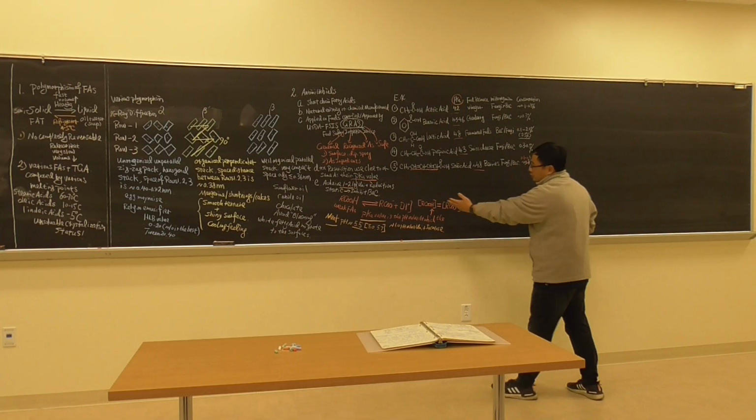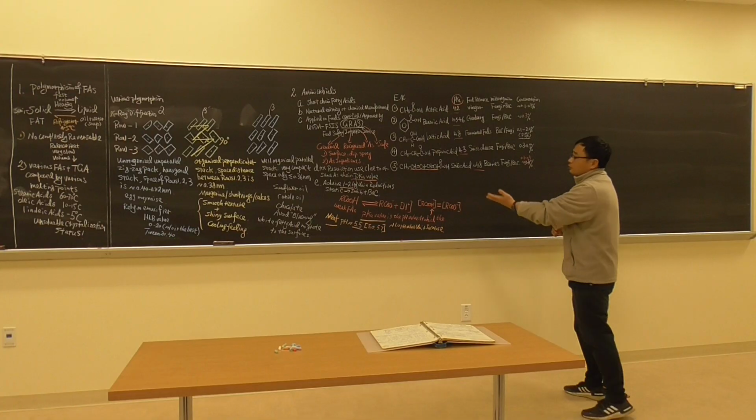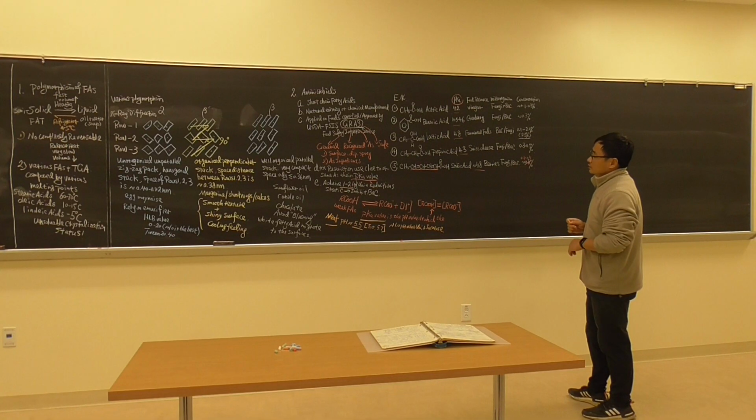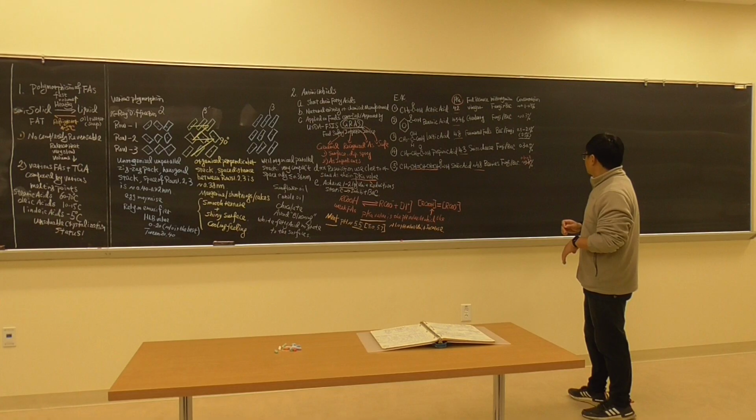Now we want to dig a little bit more. Why can they kill bacteria, and why is the impact limited? The pK value is one of the reasons, but there are other reasons. So we can talk about the mechanism.